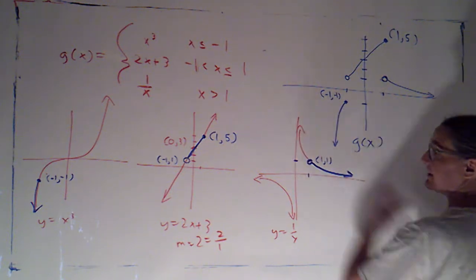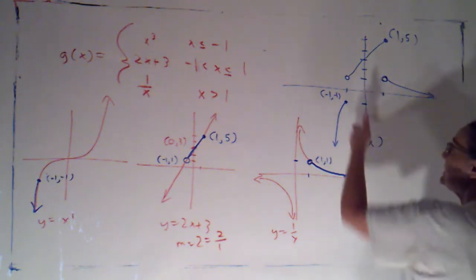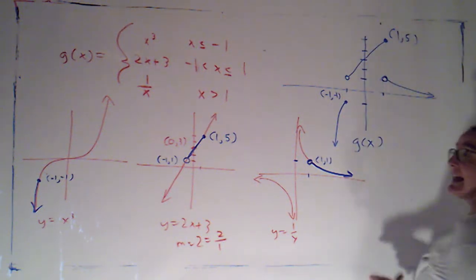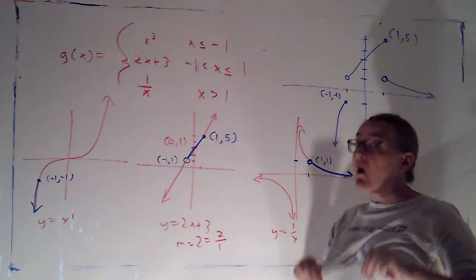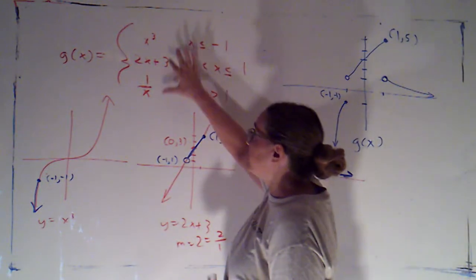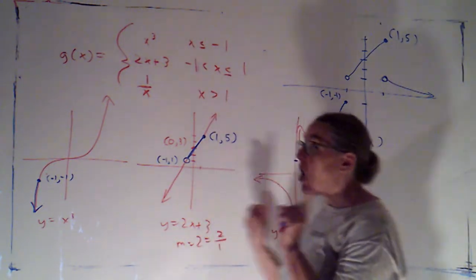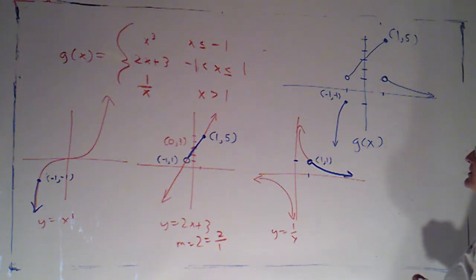Certainly to the left of -1 we do, because we're just matching the graph of x cubed. But I need to make sure we pass the vertical line test at those transition points, which means I've got only one y value associated with any given x. If the rules are giving me different y values, only one of them is going to be a filled-in point. The other is going to be an open circle.